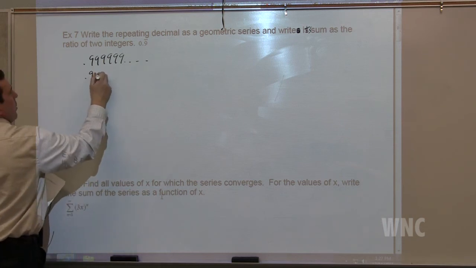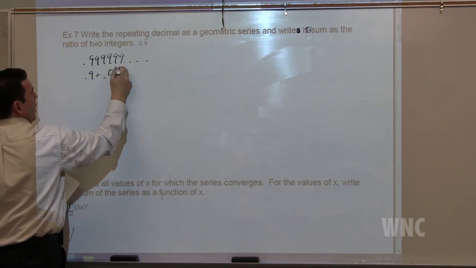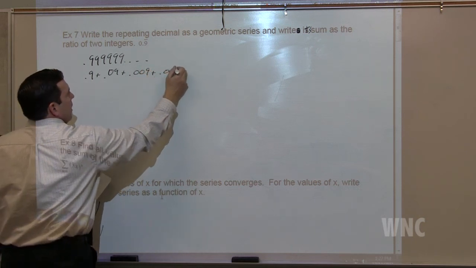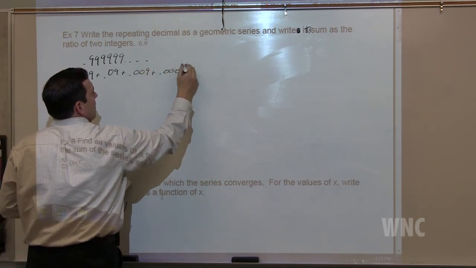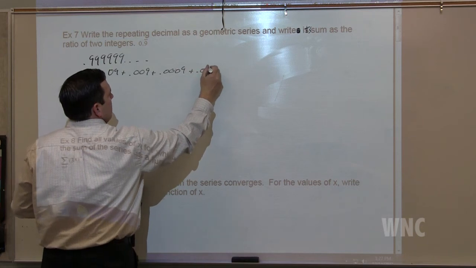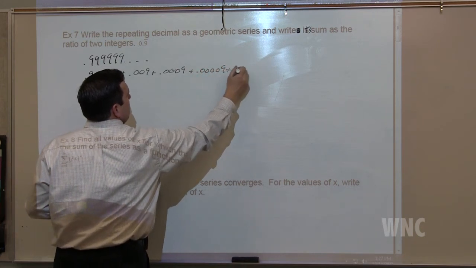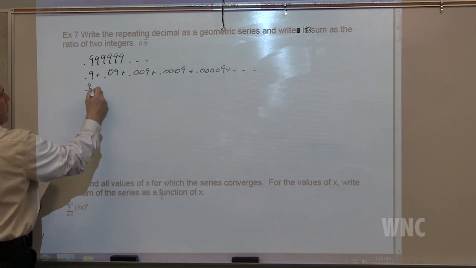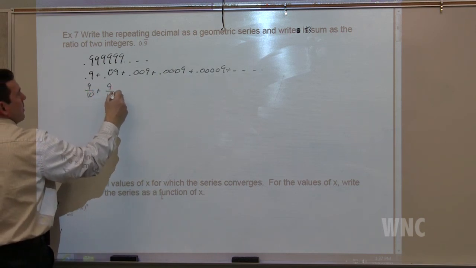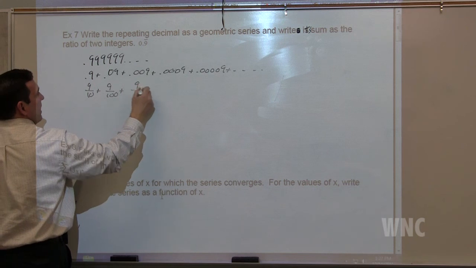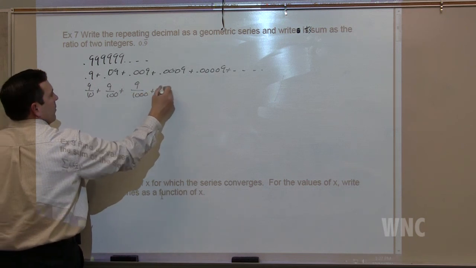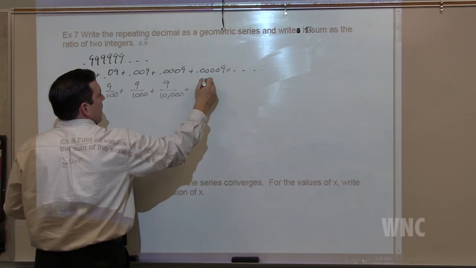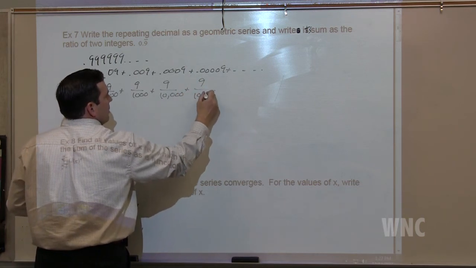That's 0.9 plus 0.09 plus 0.009 plus 0.0009 plus 0.00009 plus, so that's 9/10 plus 9/100 plus 9/1,000 plus 9/10,000 plus 9/100,000.